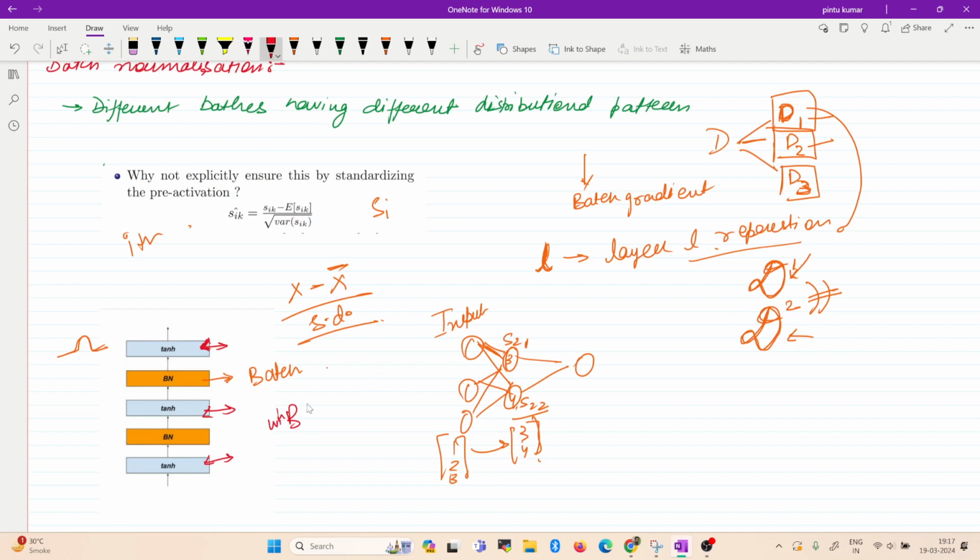What you wanted is, let's say this is layer 1, this is layer 2, this is layer 3, you wanted layer 1 for batch 1 to follow the same distribution as layer 1 of batch 2. But now all the layers, layer 1, layer 2, layer 3 of batch 1 are also following the same distribution. This is the extra byproduct that we have got. So this is batch normalization. It is similar to what you have been doing in a normal deep neural network, but after every layer you just batch normalize.